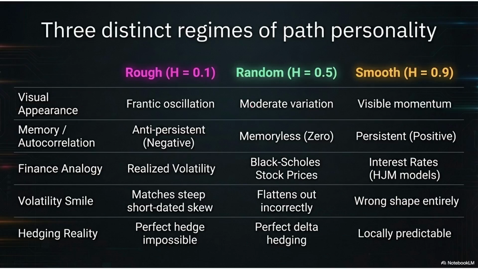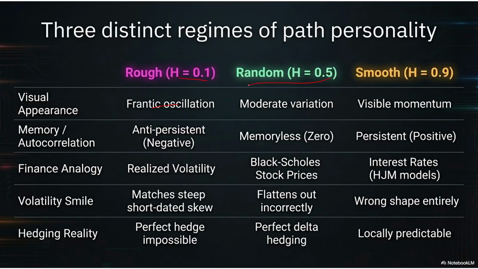This table is a reference for the three regimes of path personality. When H is rough, 0.1, the paths oscillate frantically with strongly negative autocorrelation, precisely matching the behavior of realized volatility and steep short-dated skew. A perfect hedge becomes impossible.